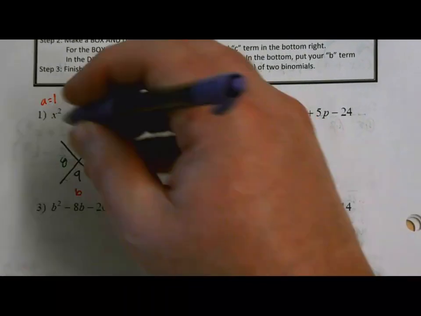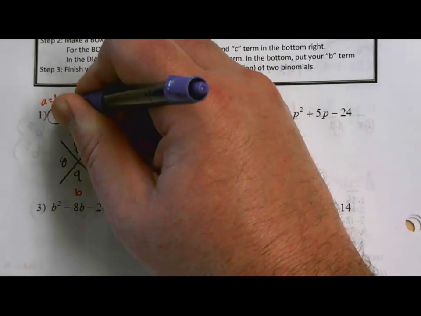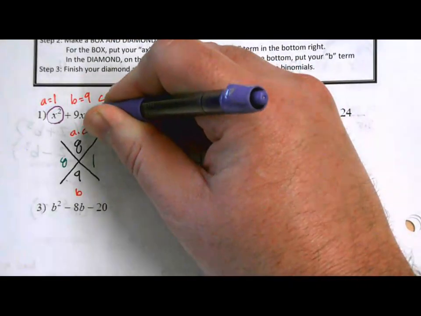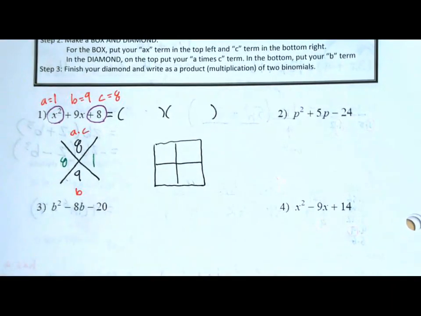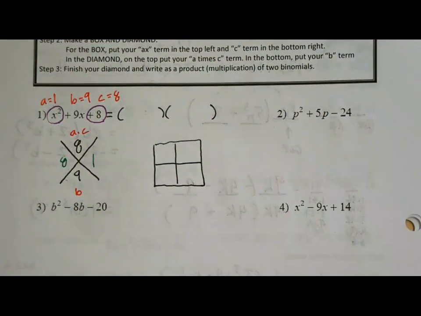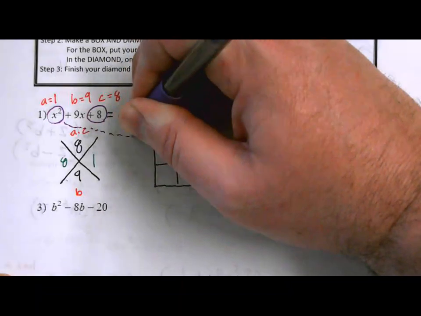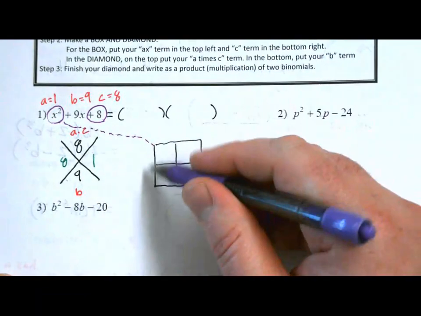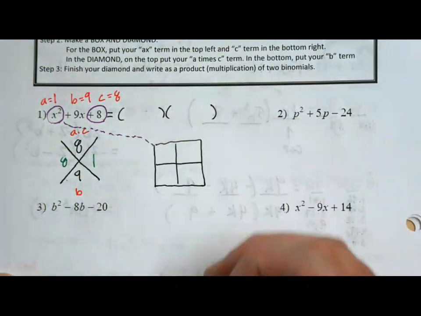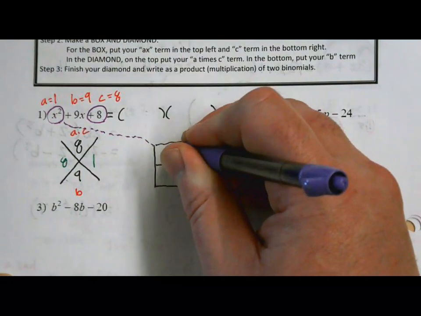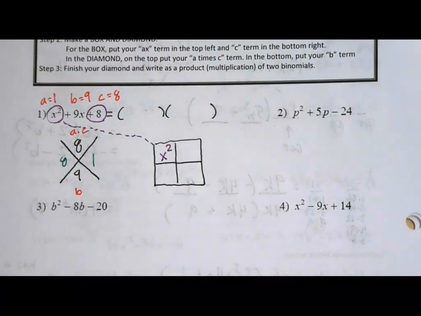All right, so this and this, can you guys circle that for me, that x squared and that 8? Those two things are going to go, and I'm going to draw a little dashed line here. The x squared is going to go in this corner. Don't draw anything on the sides or the top. We'll put this x squared in that corner.